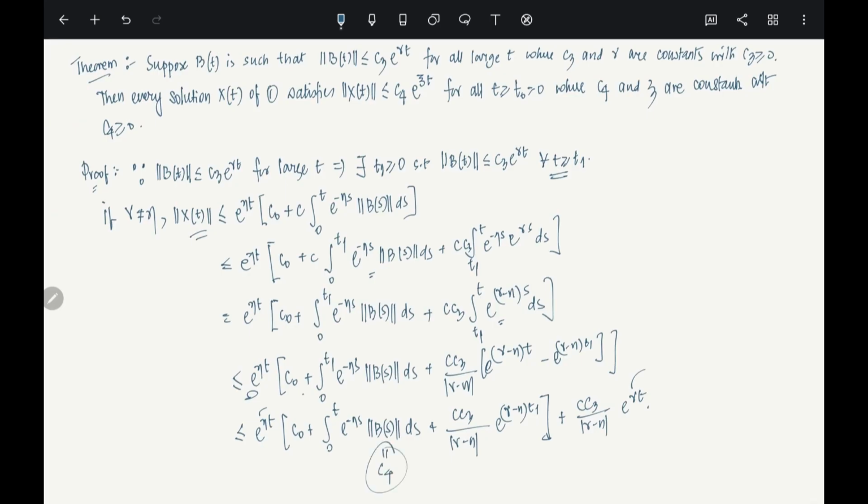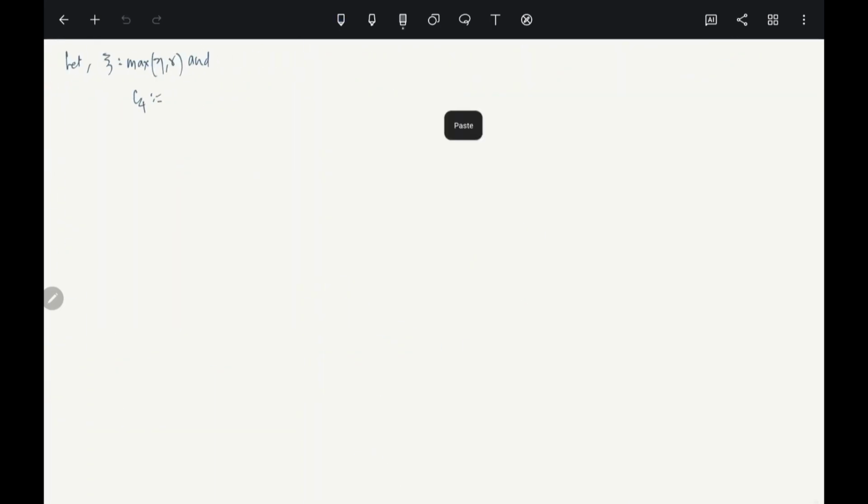I am not writing it anymore. Therefore we have the norm of x(t) dominated by C4 times e to the power xi t. This holds for all t greater than or equal to 0, and hence it is proved.